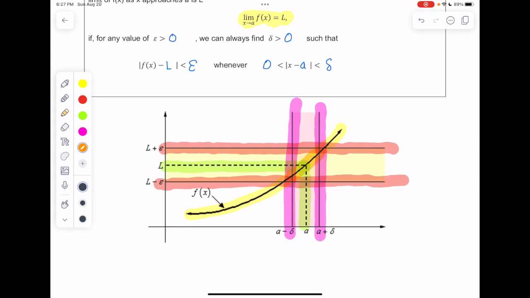So in this game, the epsilon's always given first, and they give us this horizontal strip and say, if the limit really exists, you should be able to guarantee that the function's height can stay in between these two horizontal lines. And if the limit really exists, we're going to be able to say, yes, we can guarantee that. Just make sure that the value of x stays between these purple vertical lines, and then that'll happen.